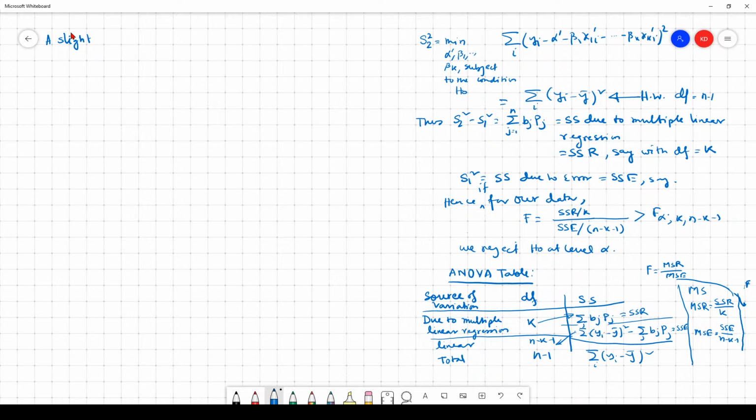A slightly different problem, in connection with multiple linear regression, is the following.